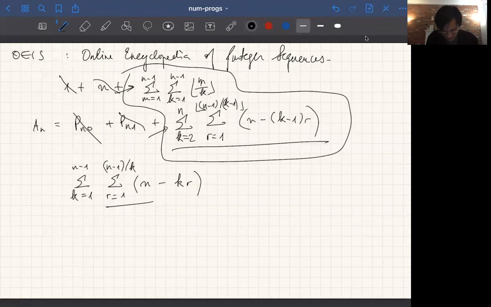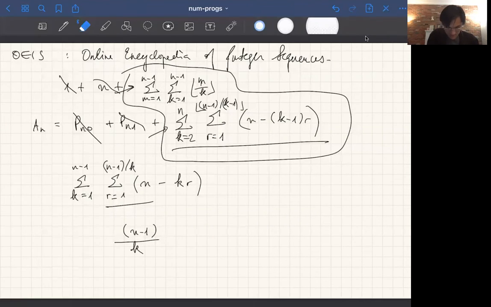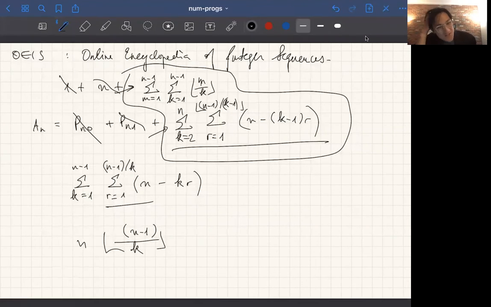So I want to say that this is n minus 1 over k, right? Am I allowed to say that, or because technically this is what it was before? It was n times that, and I'm not super comfortable with just taking things in and out of floor functions like that. I think in general you can't do that.